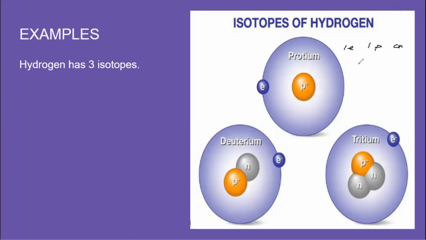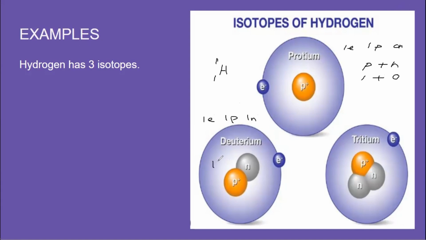So what will be the atomic number? Atomic number is the number of protons. So atomic number is 1. What is atomic mass? P plus N. So proton is 1, neutron is 0. So atomic mass is 1. Similarly, the second type is called deuterium, in which there is 1 electron, 1 proton, and 1 neutron.